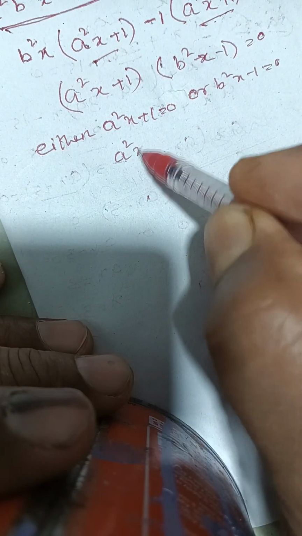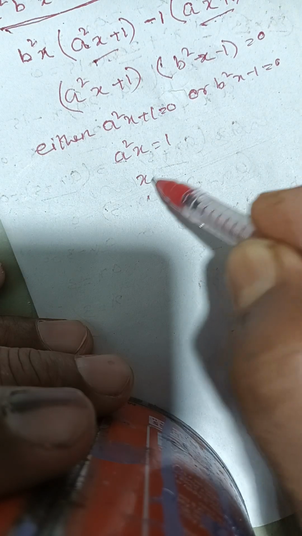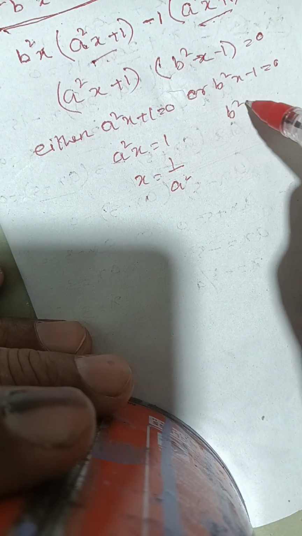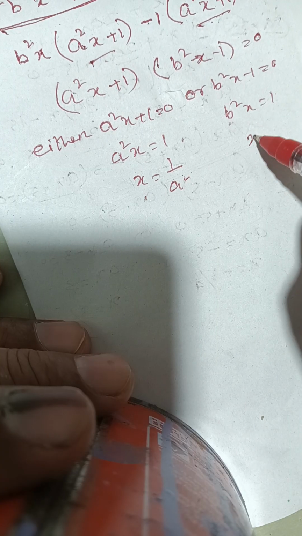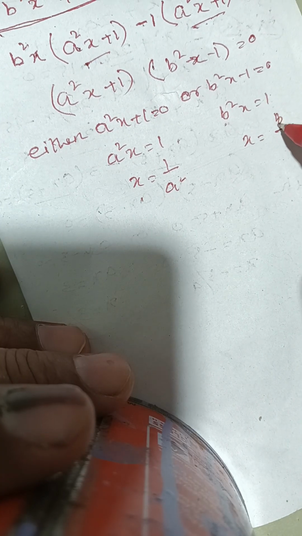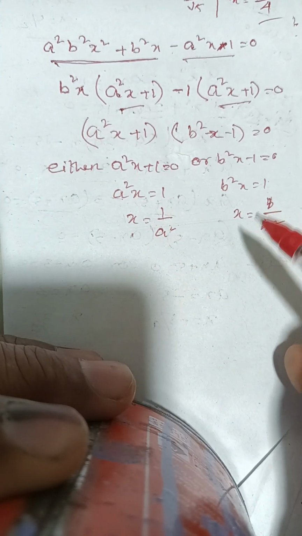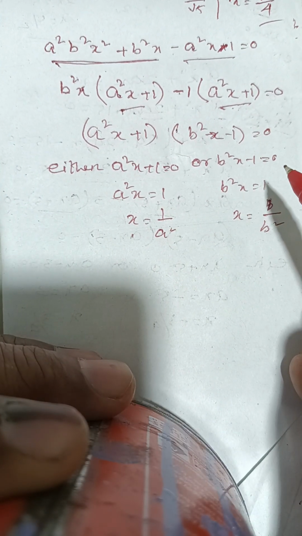It can be written as a square x equal to 1. So x is 1 by a square. Here you write b square x equal to 1. So x will be equal to 1 by b square. So this is the simplification of this question.